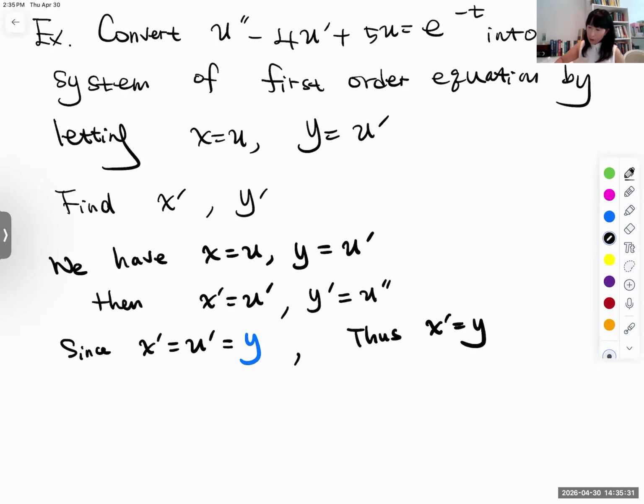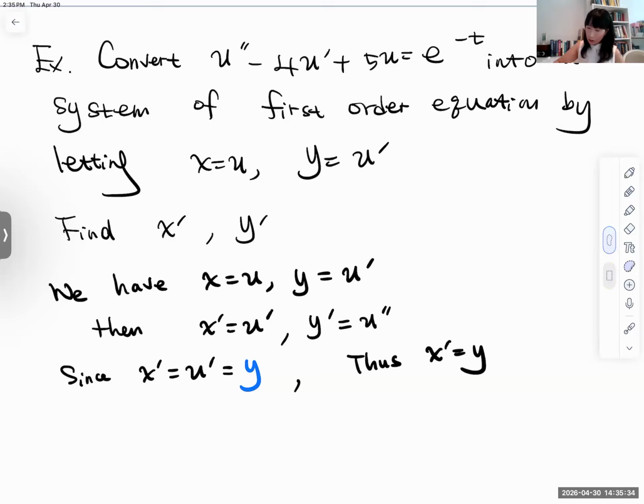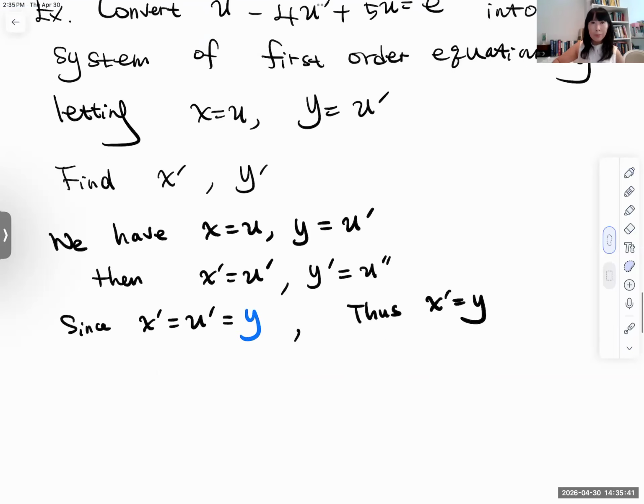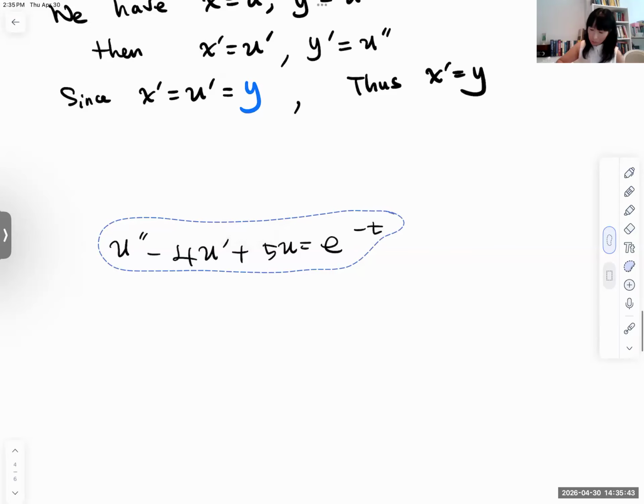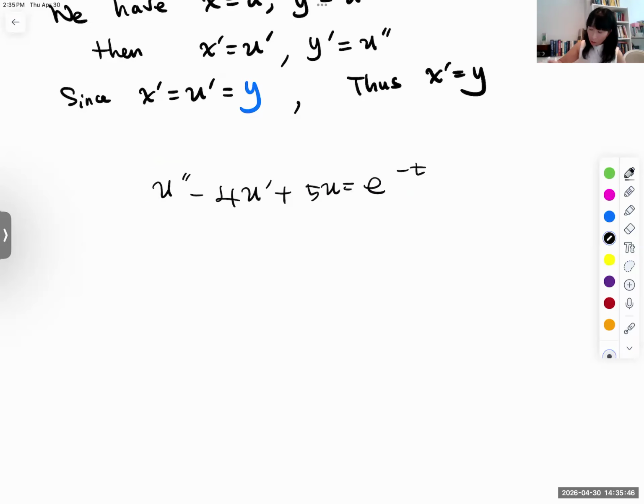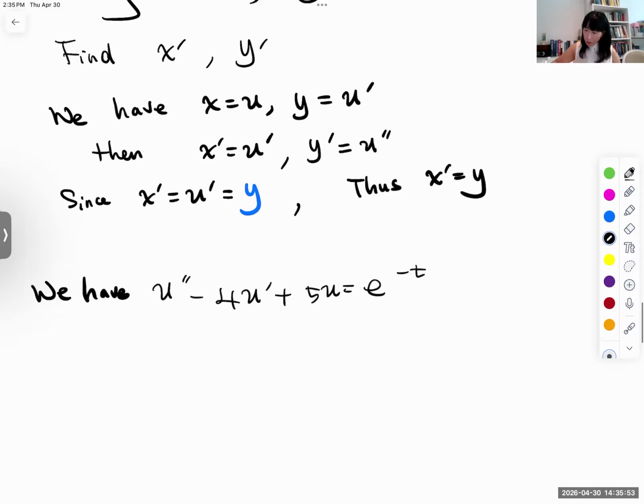So from the equation, we have equation, copy. Now we have, okay, then what's the y second prime? It's a y prime, right? So this is y prime minus 4.